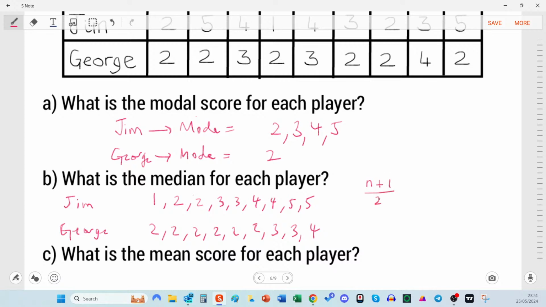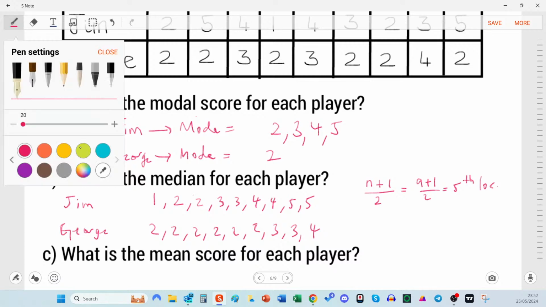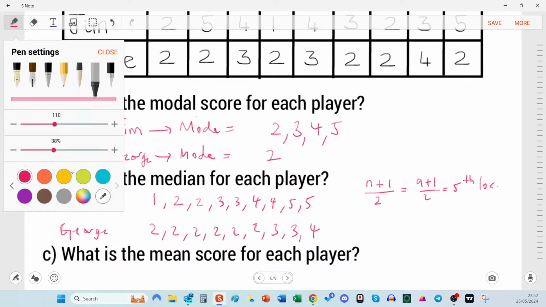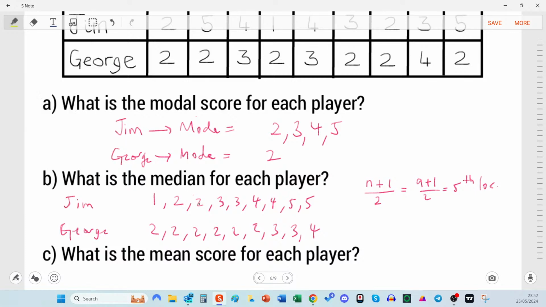So to find the location, we can do n plus 1 over 2. So we know there's 9 numbers. So it's 9 plus 1 over 2, which is 5. And that's the 5th location. That's where we're going to find the median. So instead of counting from the sides, we can just count from the left until we get to number 5. 1, 2, 3, 4, 5.